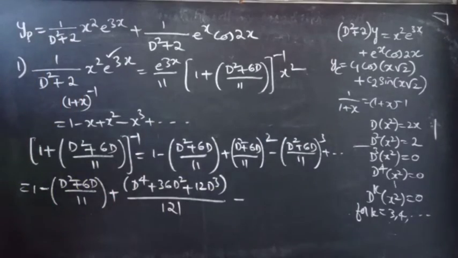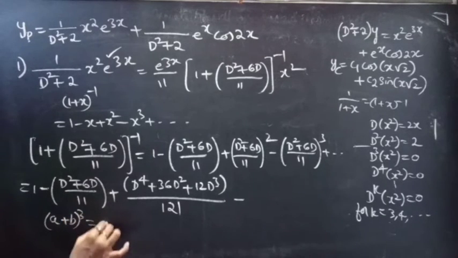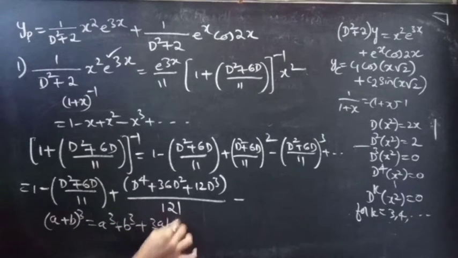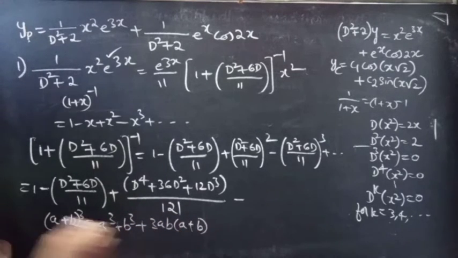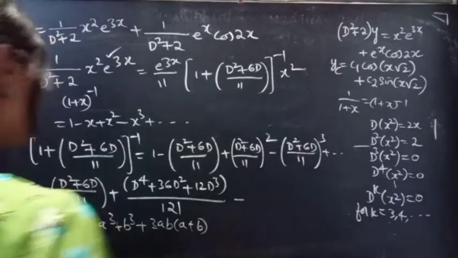We know that (a plus b) whole cube equals to a cube plus b cube plus 3ab into (a plus b). So let's utilize this formula to find expansion of (d square plus 6d) whole cube.